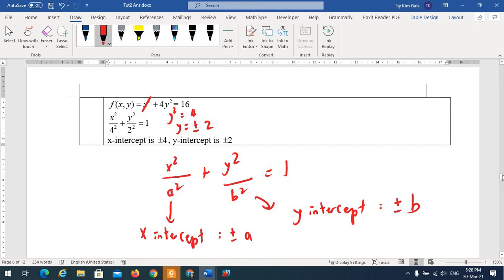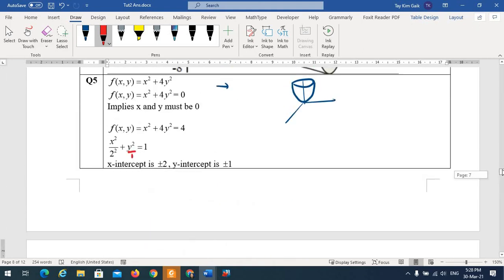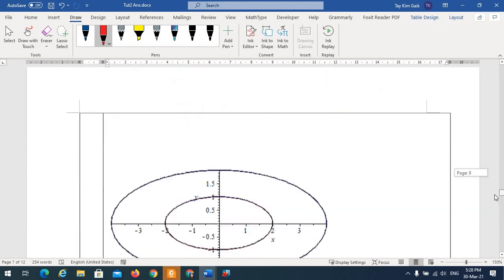So for the sketch, when z = 0 it is only 1 point.